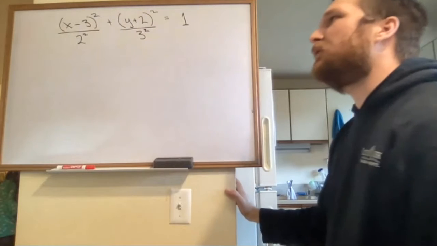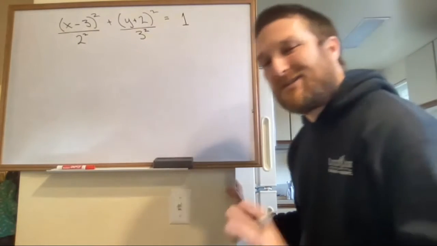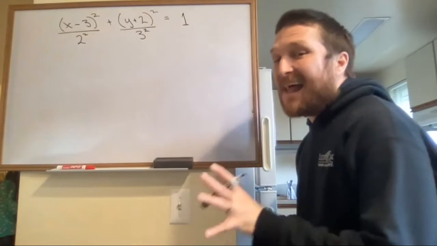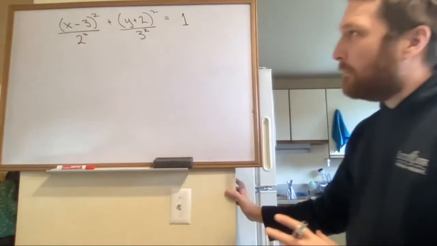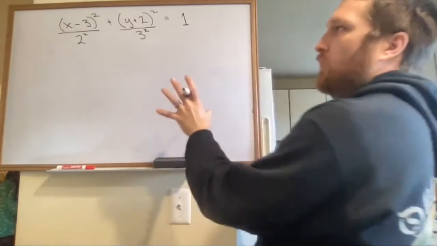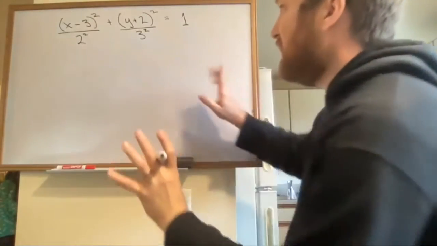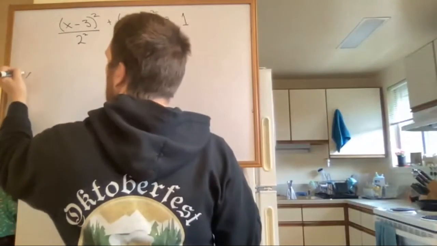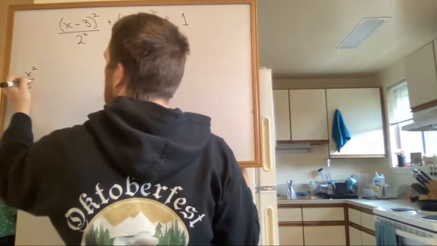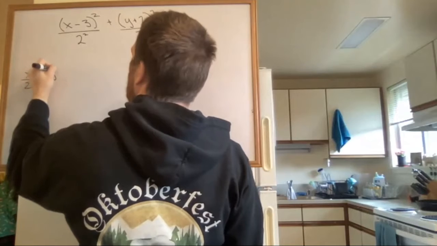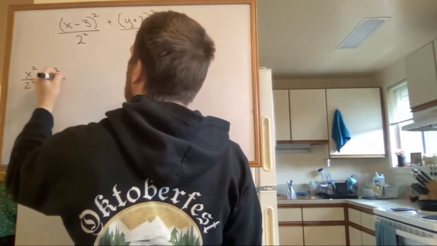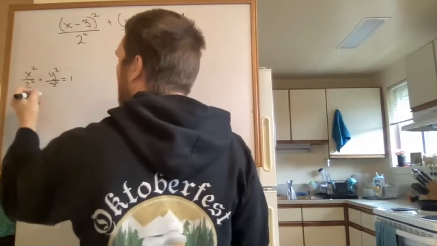Well, actually, what I'm going to do first is show you the way that I don't do this, but what we're actually doing. We're saying, well, wait a second. This is like taking the regular x squared over 2 squared plus y squared over 3 squared equals 1. And I know how to graph that.